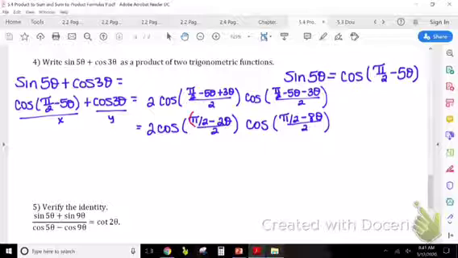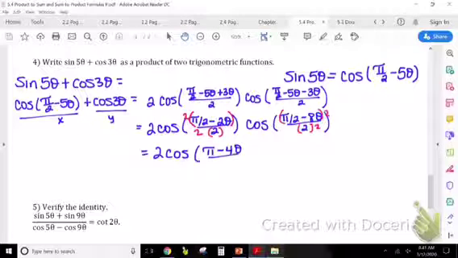So if I multiply everything here by 2, it's going to make that pi over 2 become a whole number, won't it? And the same thing here. So I'm going to do that. So I've got 2 cosine of pi minus 4 theta all over 4, times cosine of pi minus 16 theta all over 4.